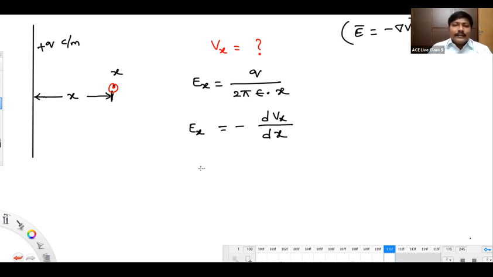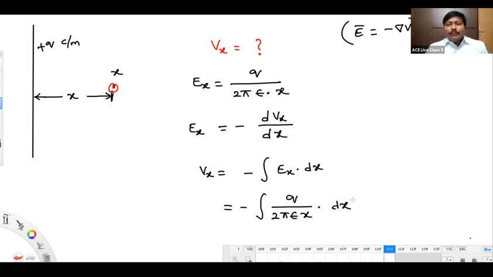Now you can get this voltage Vx here. Vx equals minus integral Ex dx. You substitute that Ex in this equation, so the voltage Vx will come to be minus integral Q by 2 pi epsilon x with respect to x.